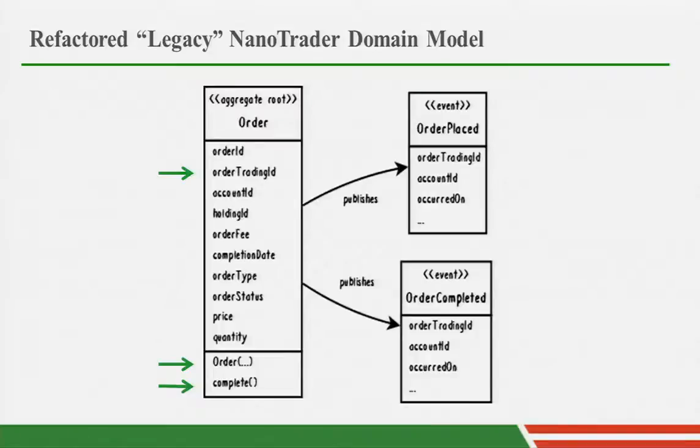So when this order was committed, this ID showed up, but it wasn't there in time, because in the constructor we needed to publish the event order placed. So we needed a new business ID.